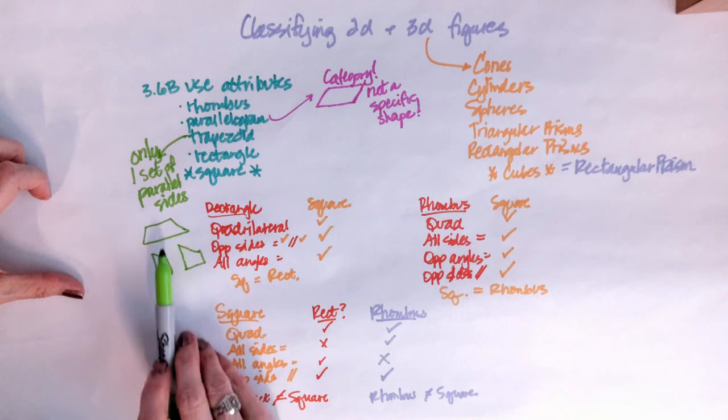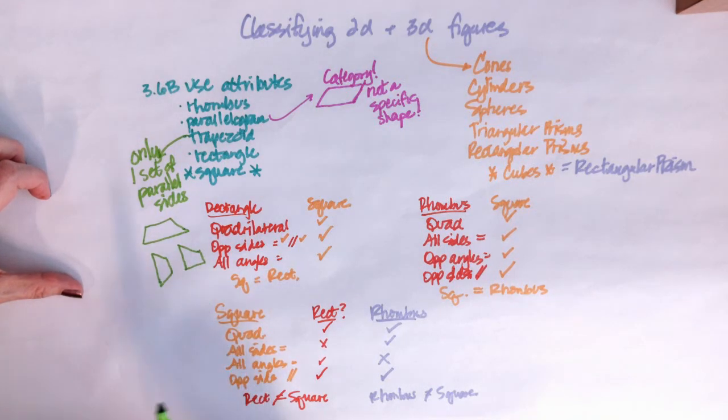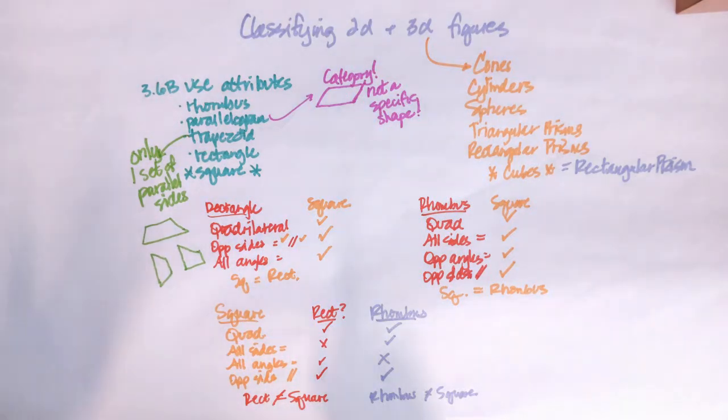This is parallel to this. This is parallel to this. This is parallel to this. It is a trapezoid. It doesn't have to have a certain number of congruent sides. It doesn't have to have any congruent angles. It has to have exactly one set of parallel sides. That's the distinguishing feature. And that's what makes it a trapezoid.